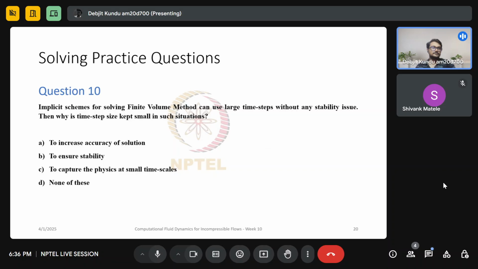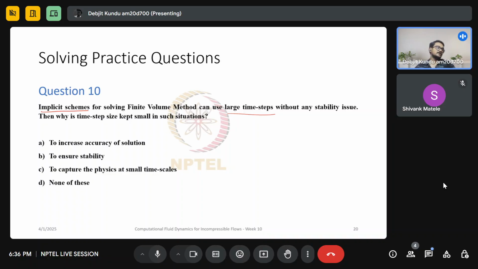Moving on to the last question after the session, which has a statement at first which says that implicit schemes for solving finite volume method can use large time steps because they are unconditionally stable and they don't suffer from the same issues which explicit schemes do.